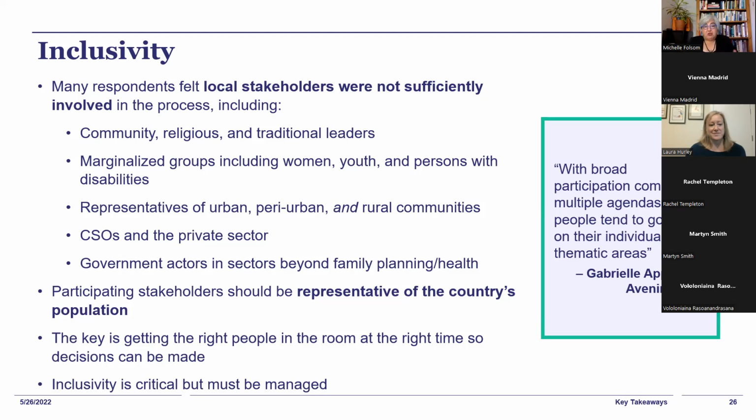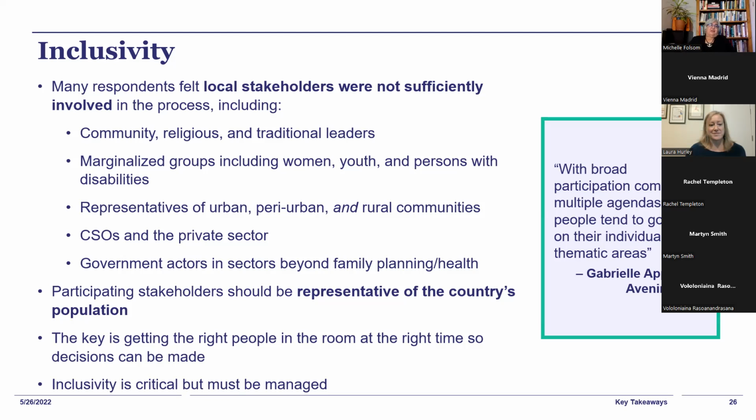We didn't necessarily have the geographic representation from urban, peri-urban, and rural communities. We needed more input from CSOs and the private sector. We needed these stakeholders to represent the country's population. A key and important thing that we heard is that it's really important to get the right people in the room at the right time. Often the processes were really delayed because the decision maker wasn't there, because this can be such a long and drawn out process.